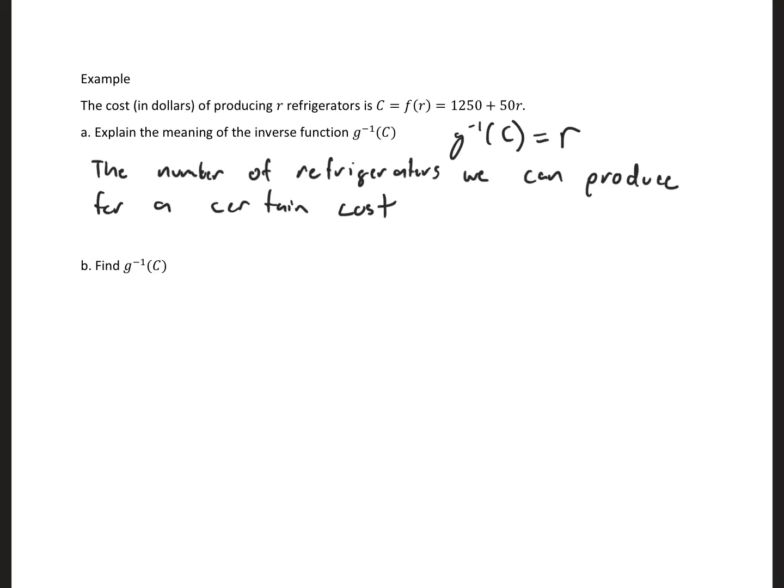To find the inverse, we know G inverse of C. G inverse of C again equals R. So what we're going to do is take the fact that C equals 1,250 plus 50R, and we're going to solve this for R because R is the inverse. R equals the inverse. So solving this for R, we would subtract 1,250 over.